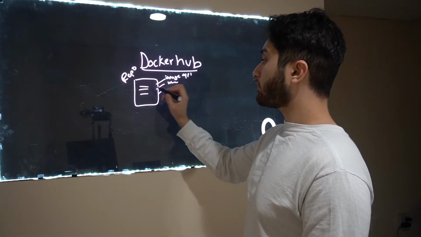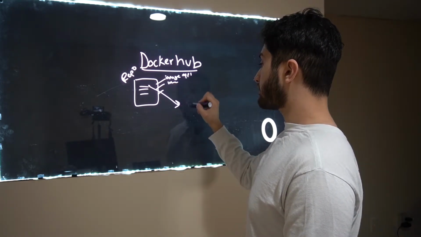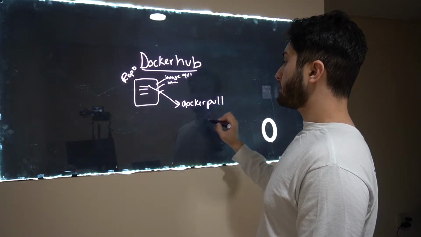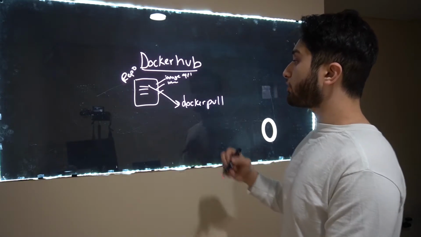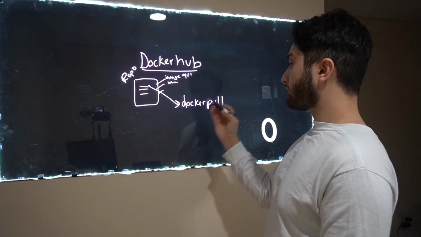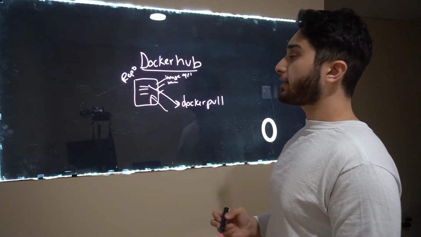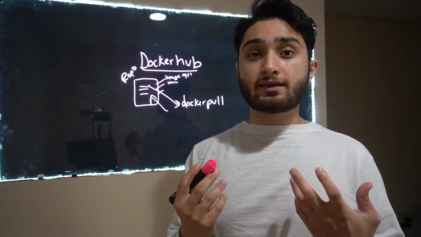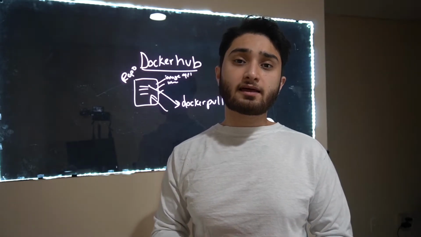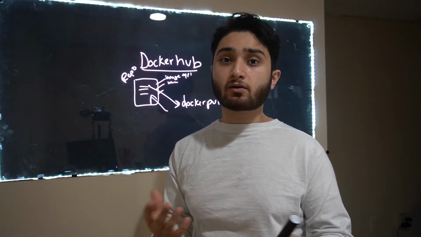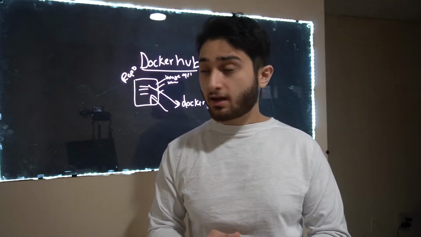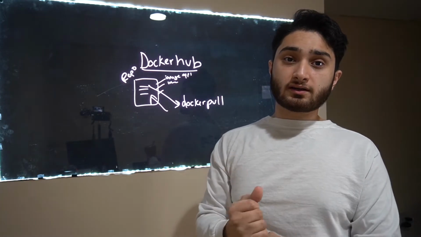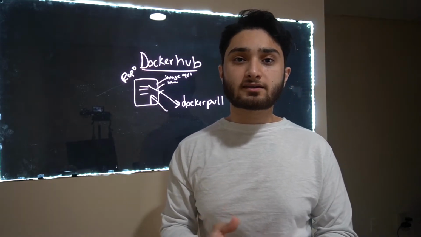So we'll be pulling down from the repository onto our local computer with the command docker pull, and then we will push up a changed version of that image back up here. Now, as you may recall from my previous video, Docker is a technology that allows us to create containers, and in order to create containers we use images. These images include a sort of instruction. They're a template for what the container is going to look like.